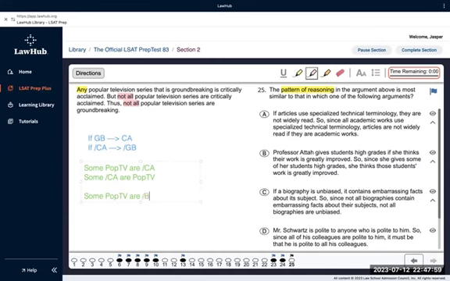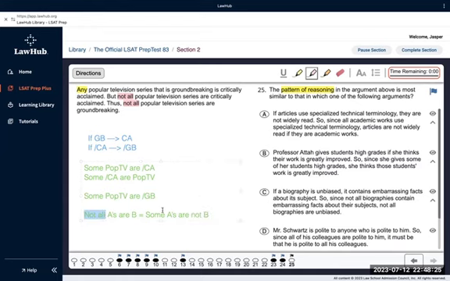not groundbreaking, right? So not all A's are B, some A's are not B. That's the format.